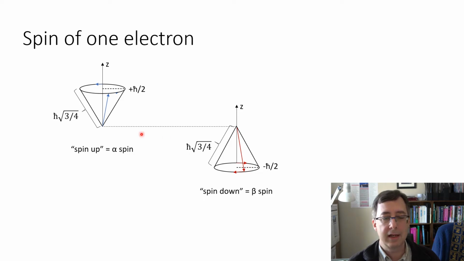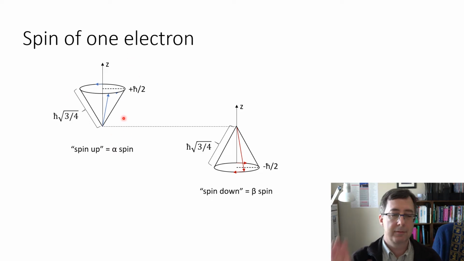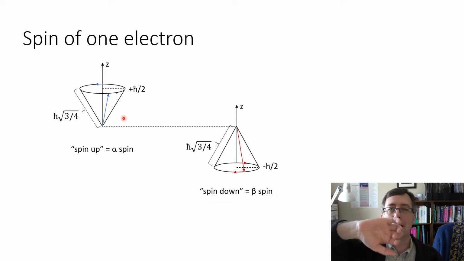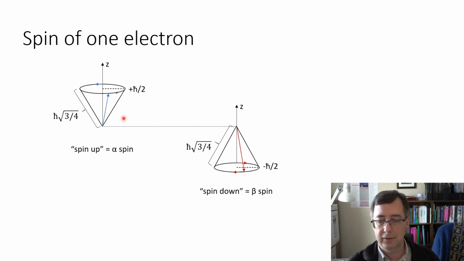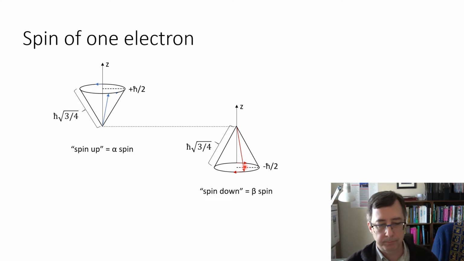And if you like, connecting to that earlier picture, you could imagine maybe the spin up is rotating counterclockwise, and maybe the spin down is rotating clockwise around the z-axis. And they both have the same length of this vector, so the same magnitude of the angular momentum, but it's either pointed up along the z-axis or down. Okay, there's a little bit of a picture of what's going on.